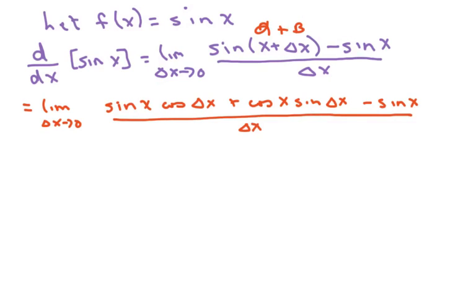Right? Now, I want to use my special trig limits that I know about. So I'm going to regroup this so I can get some ones and zeros in here.